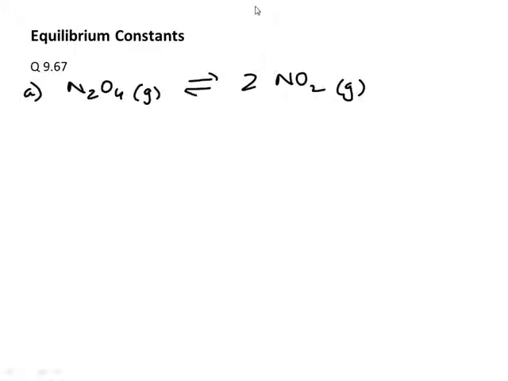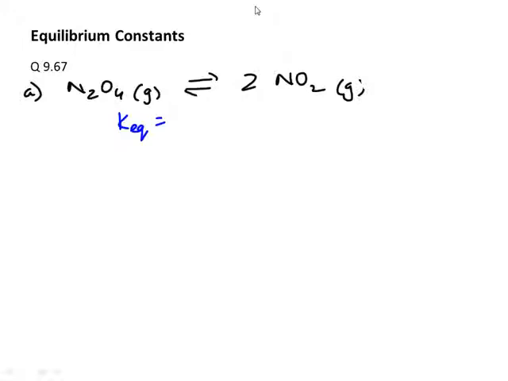When you're writing equilibrium constants, K equilibrium equals the concentration of the products raised to the power of their coefficients divided by the concentrations of the reactants raised to the power of their coefficients.